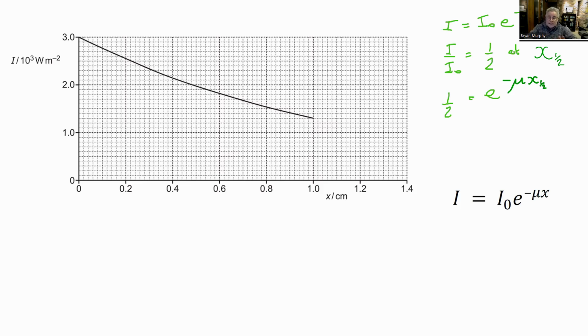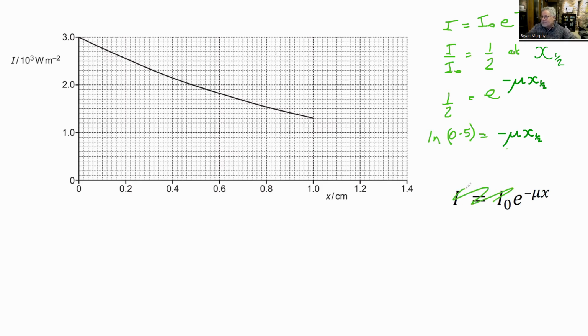I'm going to take logs because I like that kind of thing. I'm going to take natural logs because it's e, logs to the base e. So I'm going to have the natural log of 0.5 equals minus mu x half thickness like that. Easy peasy. I want mu though.